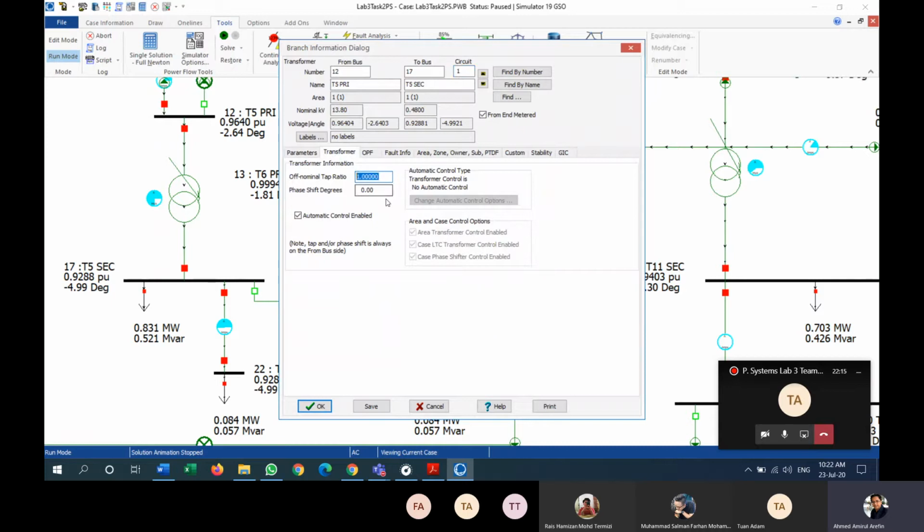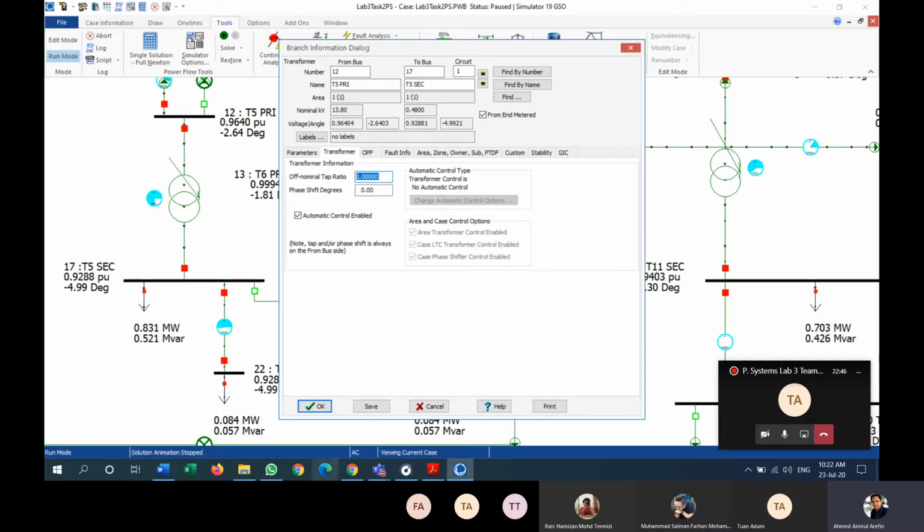Now it is 1. You have to decrease it by one tap. One tap is 0.0625.